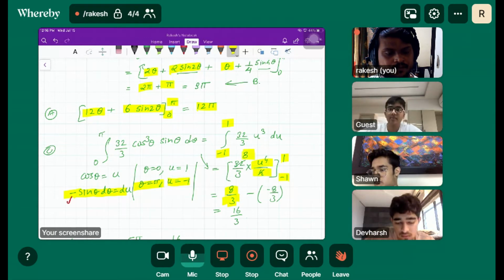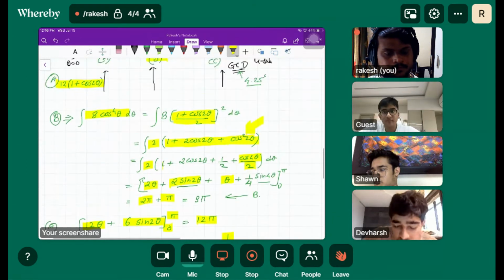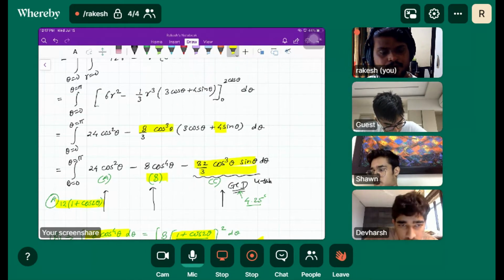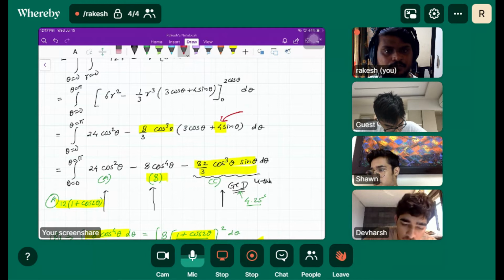I don't know why it's 32 by 3, I'm getting 8 by 3. But when you multiply this inside, we already have 4 over there. So 8 fours are 32 by 3. I am saying here in this step, we already have 4 there. Yes.